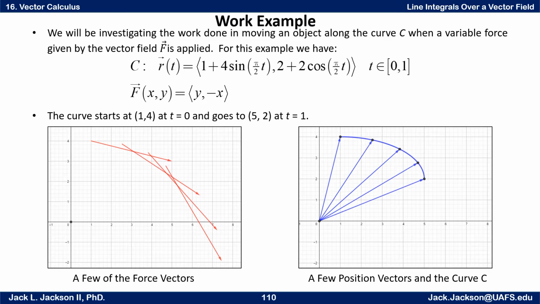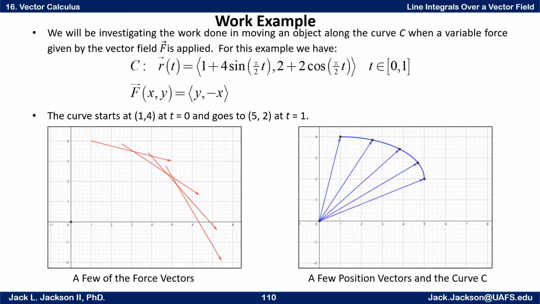For example, you can see a few of them graphed here in red on the left side of the screen. It's just 4 of the vectors, but there would be one of these at every point in the plane, or at least every point along the curve. And the force would be given by y, comma, minus x.